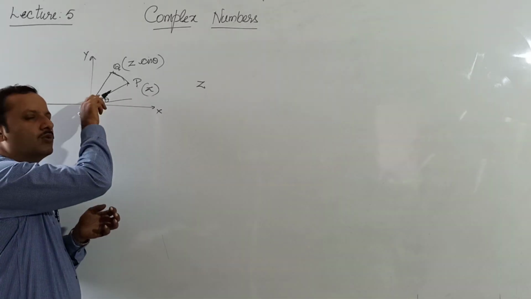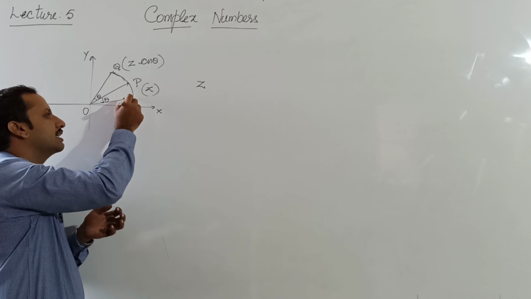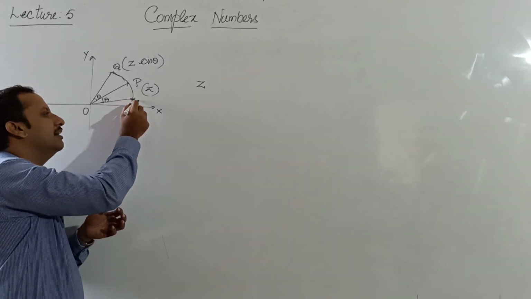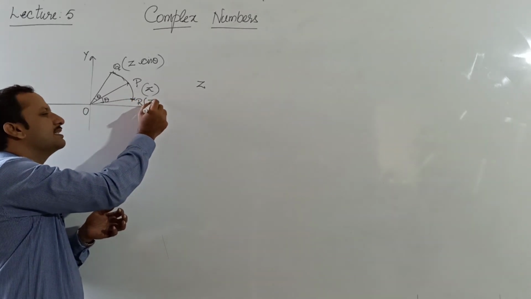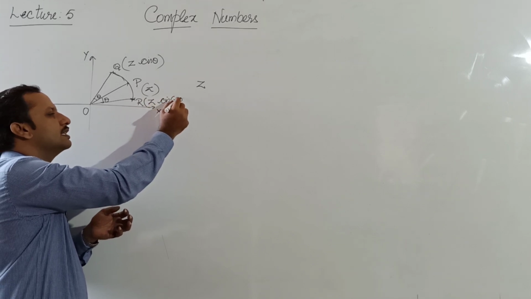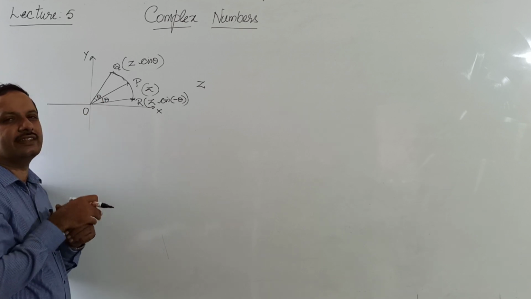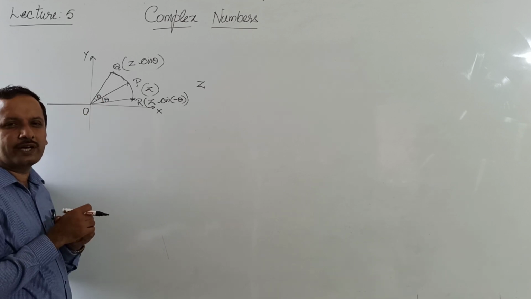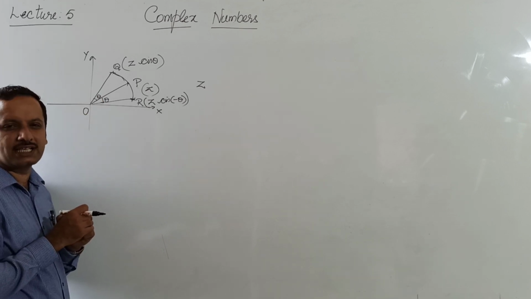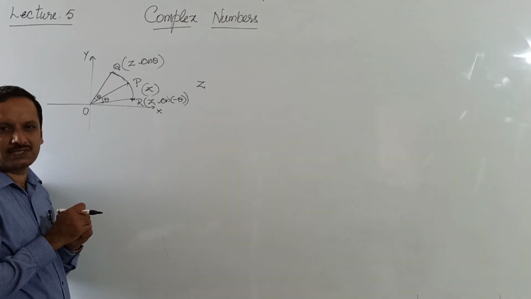Then this new point, let me call it R, is represented by z into cis of minus theta. It is minus theta because we have rotated through the clockwise direction. Therefore, the negative sign is considered.